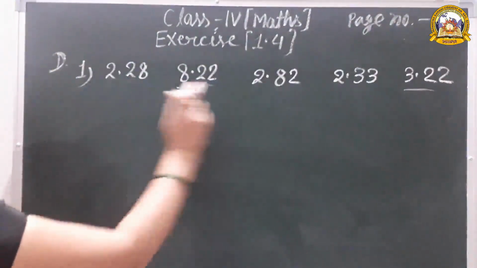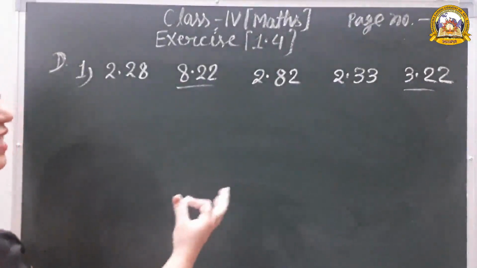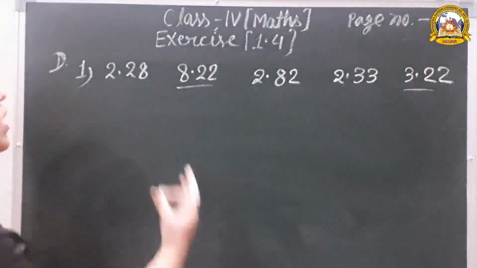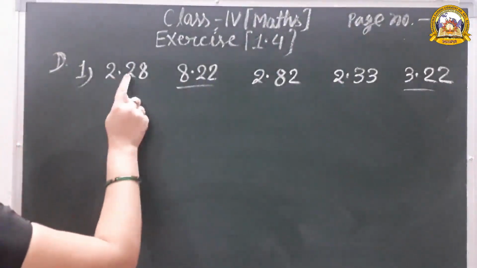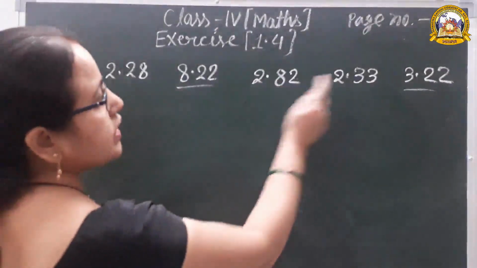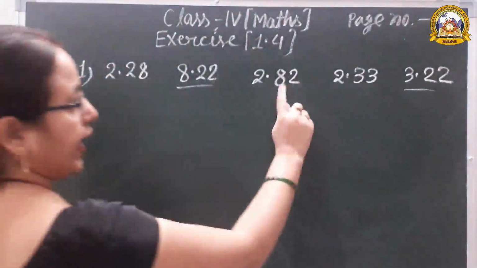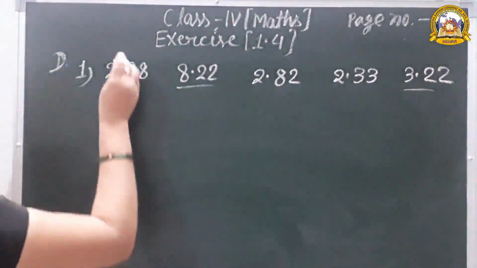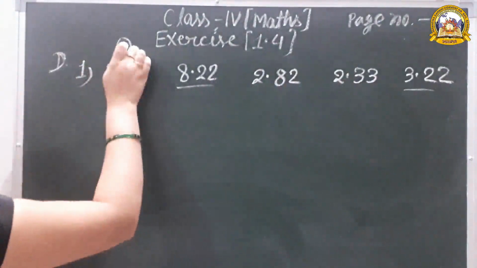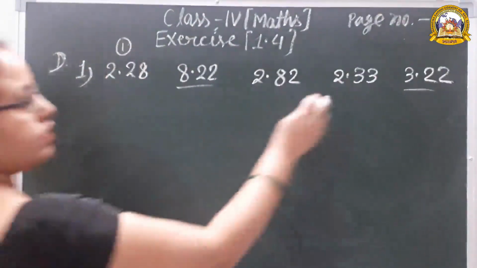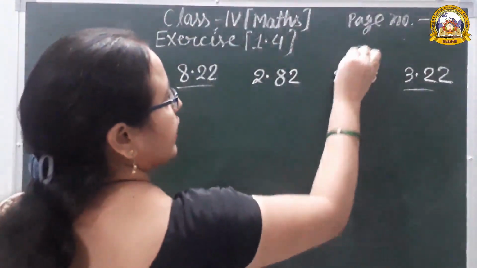So whole part सभी में 2 है. हम इसके बाद वाला digit compare करेंगे after the decimal. 2, 8 and 3. Which one is the smaller? 2, 8 and 3. This one is the smaller. So put down the mark there. First number. This one is the second number.